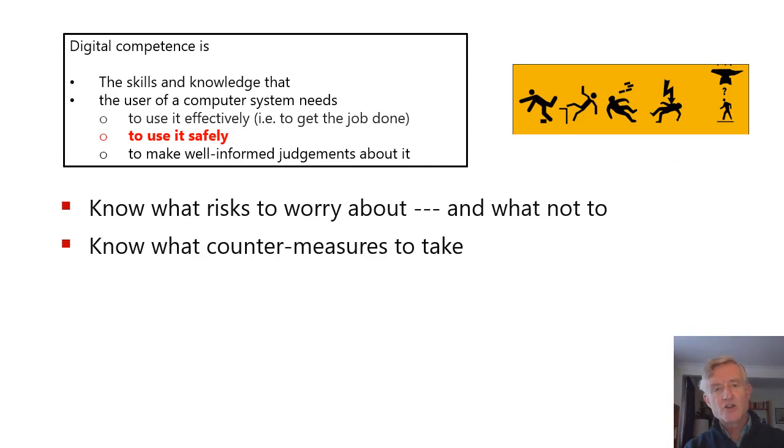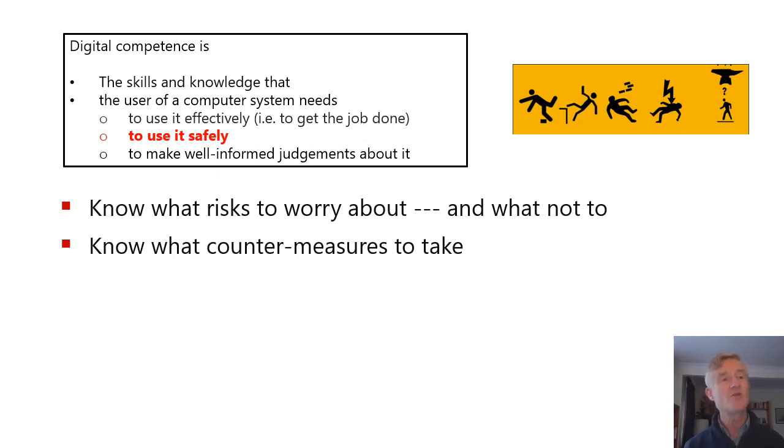Next thing, digital competence means that you can use the system safely. This, I think, we're all quite well aware of. We need to know what risks there are, particularly when connected to the internet, of phishing attacks or password theft or data loss. And we need to know what risks we should worry about, and also what risks we should not worry about. People are often unjustifiably concerned that if they press the red button or click the wrong thing, their entire file will disappear, or even that their computer will be damaged.